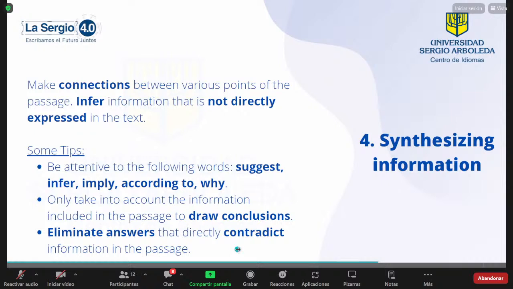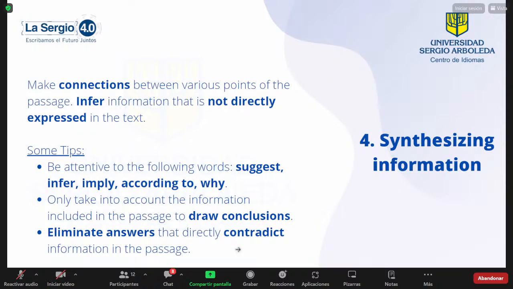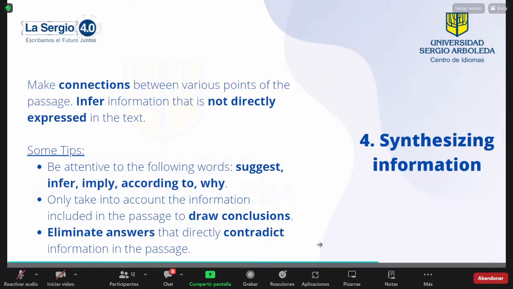Don't draw your own conclusions. Draw conclusions based on the passage. And remember to eliminate answers. Usually there are 2 answers that contradict the passage, maybe with a negative statement, or maybe the information is affirmative and the paragraph is saying something negative about the issue.